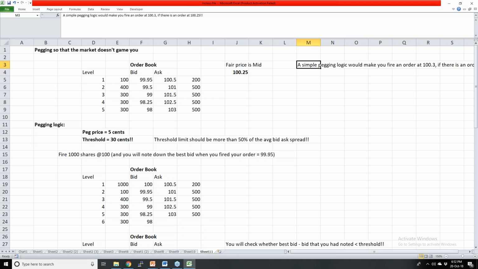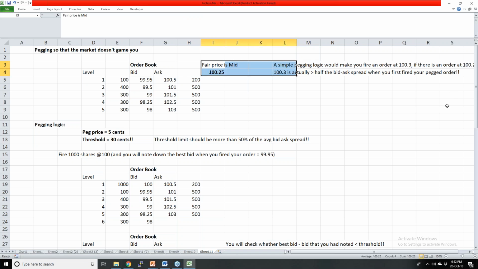Now remember, 100.3 is actually greater than half the bid ask spread when you first fired your pegged order. Is this clear? Guys, is this statement clear? Yes or no?